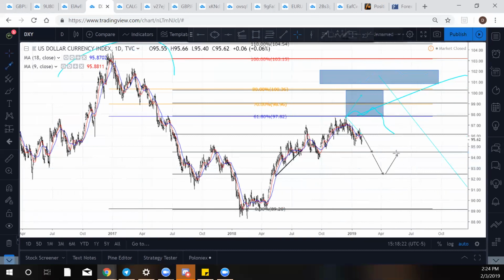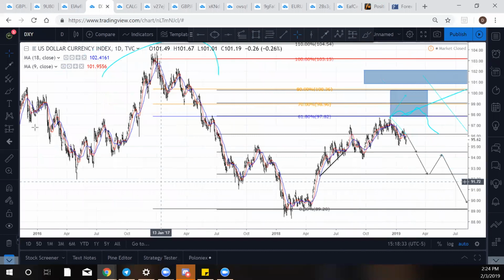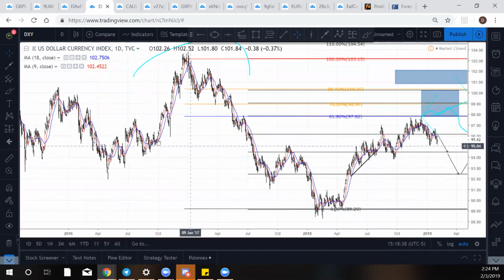Who knows? It's funny to say that, but if you just look back at structure, it looks like it was a pivot point in this whole 98, 96 area.